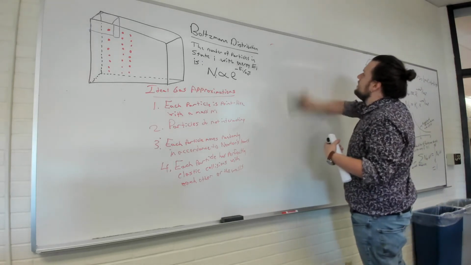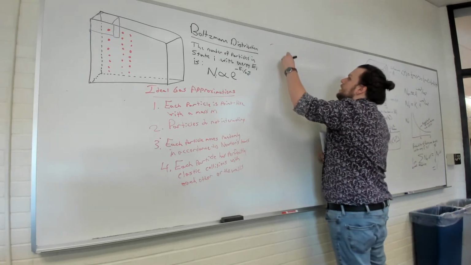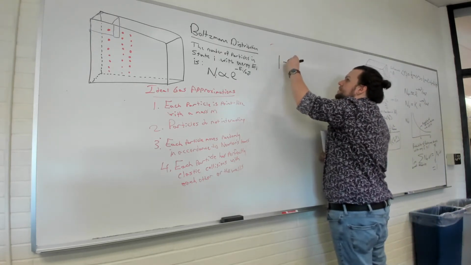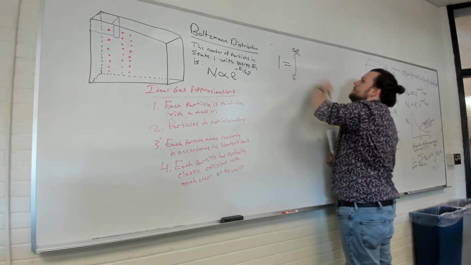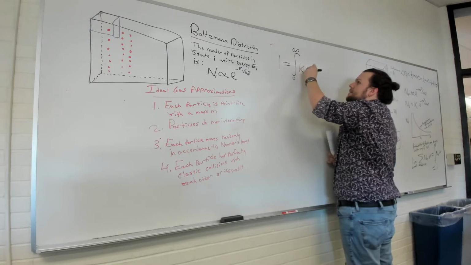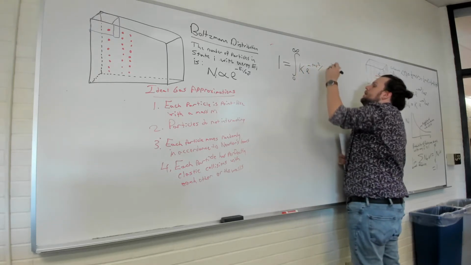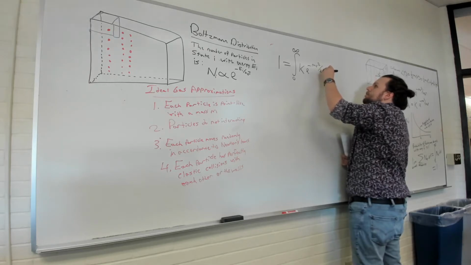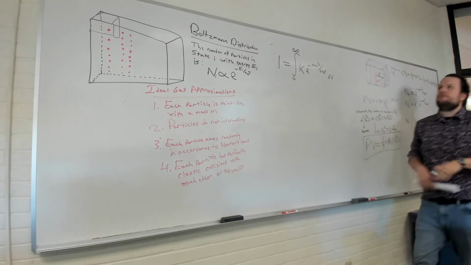Now what that says is that 1 is equal to the integral from 0 to infinity of this k times e to the minus mv squared over 2kT dv. That's our formula.